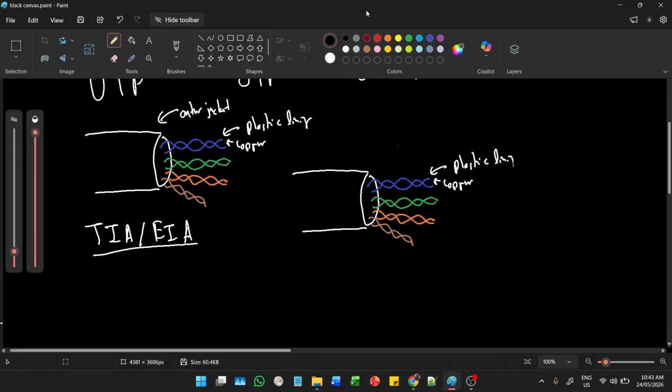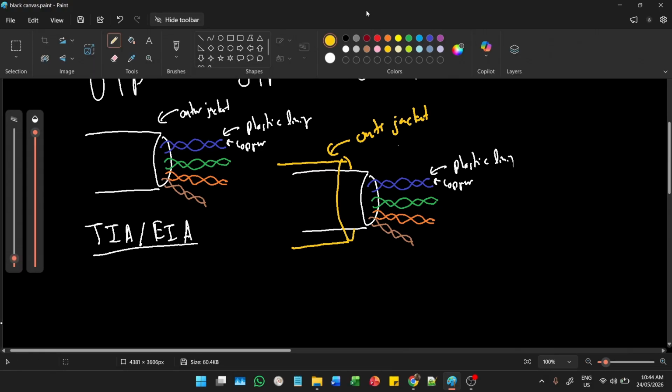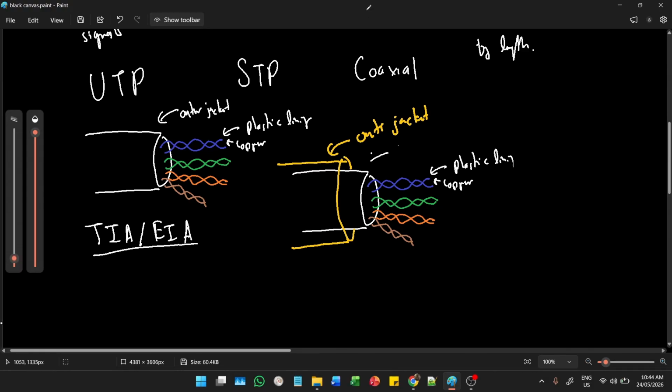Well, I'm gonna draw this with yellow. The outer jacket changes. So the yellow part is now the outer jacket, right? The yellow part is now the outer jacket, and the white part is now actually an added part called the metallic shielding, right?